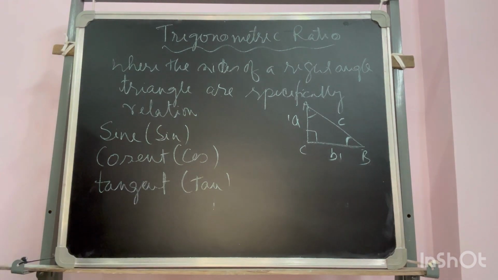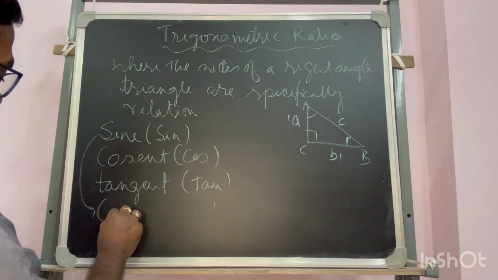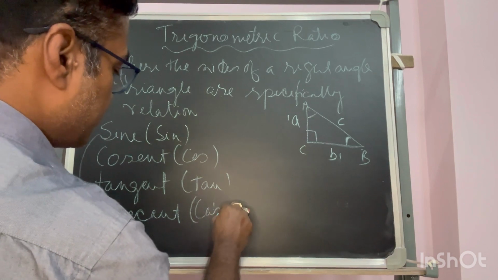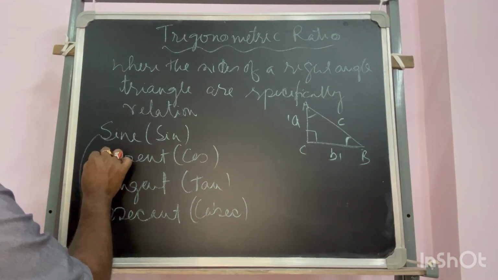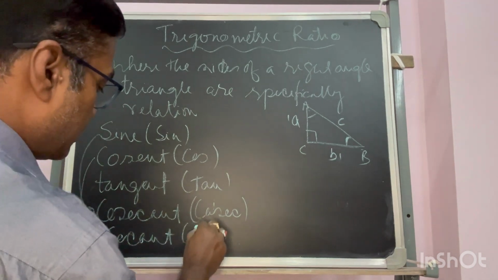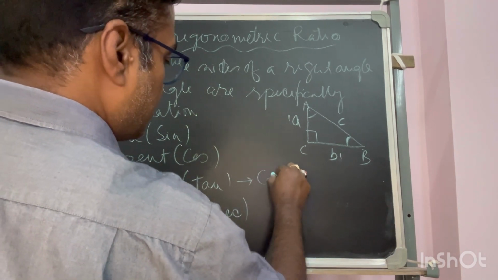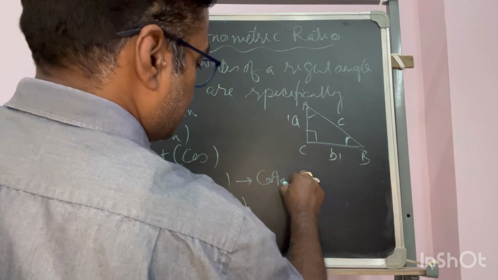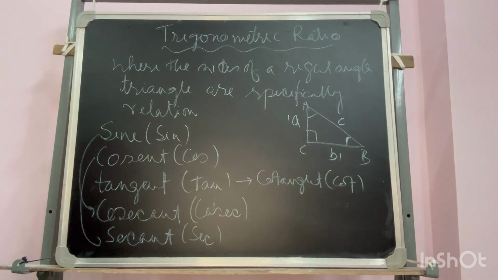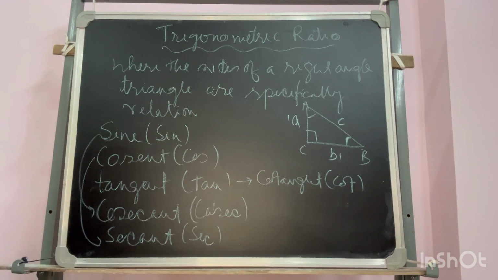Then their reciprocals: the sine reciprocal is cosecant, that we call cosec. The cosine reciprocal is secant, we call it sec, and the tan reciprocal is cotangent, or we call it cot. So these are the ratios.